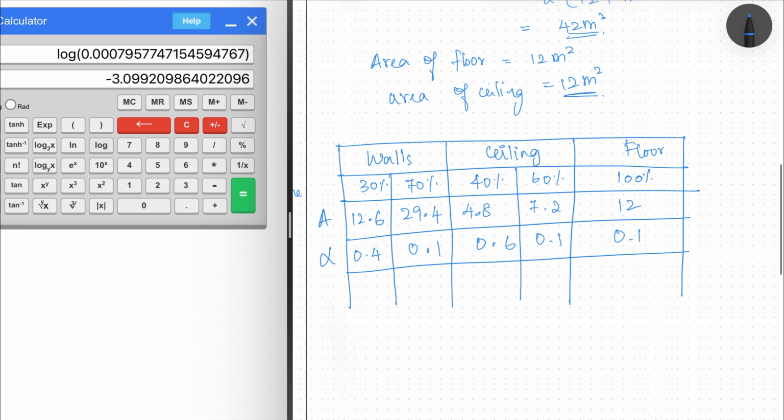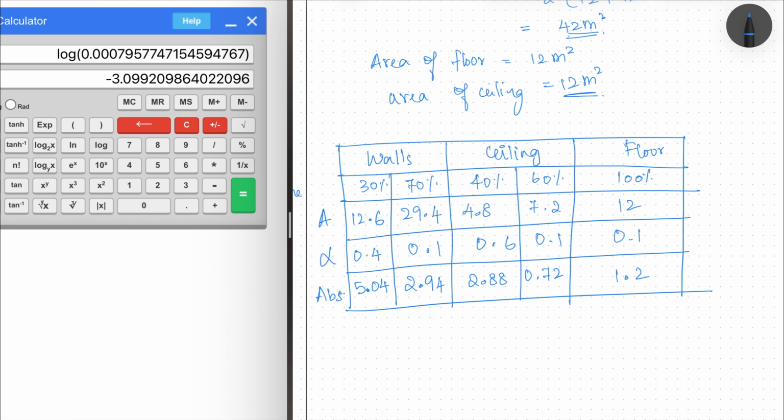So your absorption would be 12.6 into 0.4, you will have 5.04, and 29.4 into 0.1, you'll have 2.94. 4.8 into 0.6, you'll have 2.88, and 7.2 into 0.1, you have 0.72, and 12 into 0.1, you'll have 1.2.